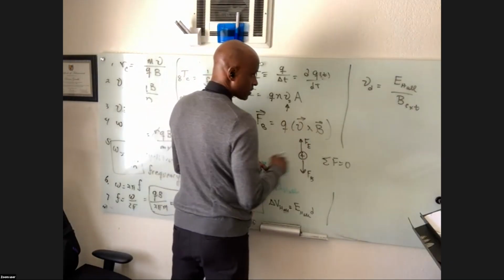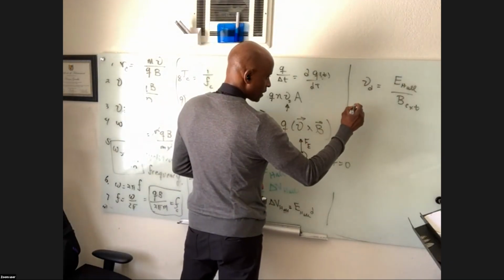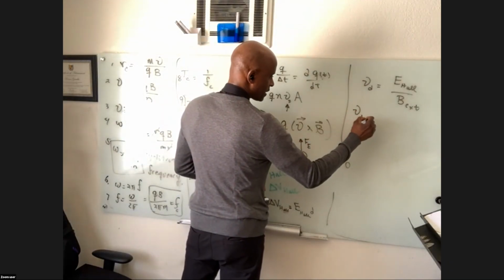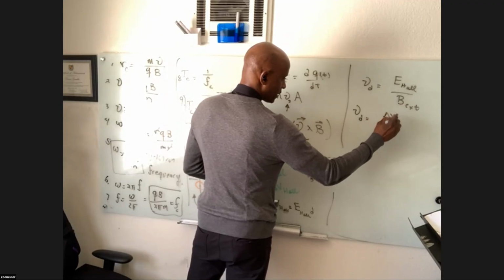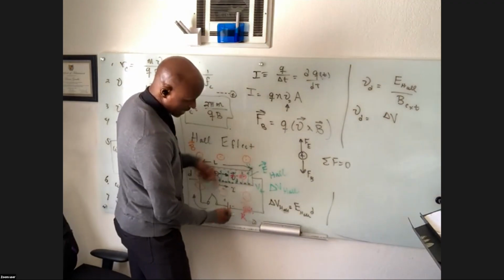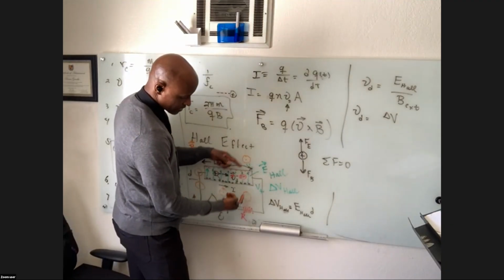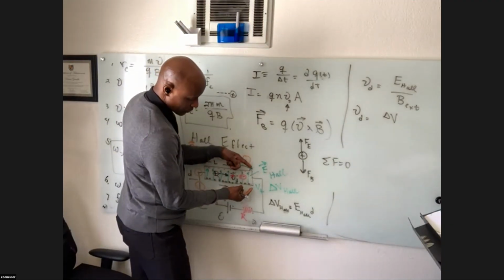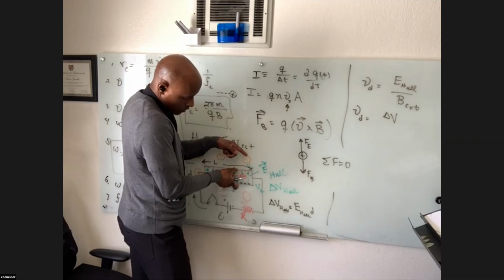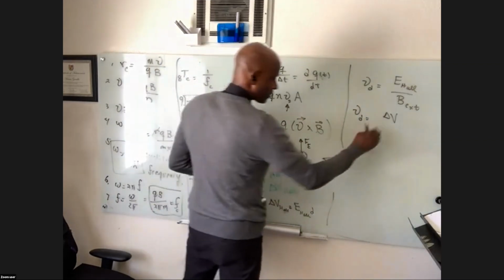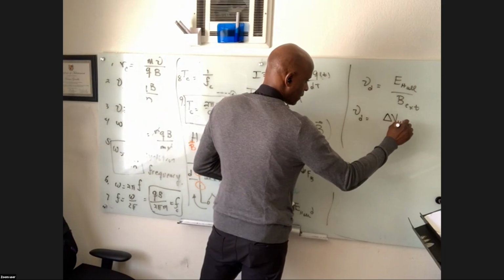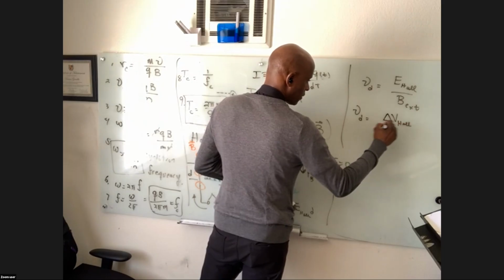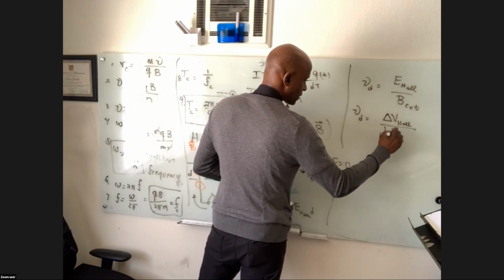So you could say that the drift velocity is equal to a Hall voltage, delta V, which is not associated with the battery, not directly, but it's the voltage across the width of the metal. So that's delta V Hall over D times the external field.